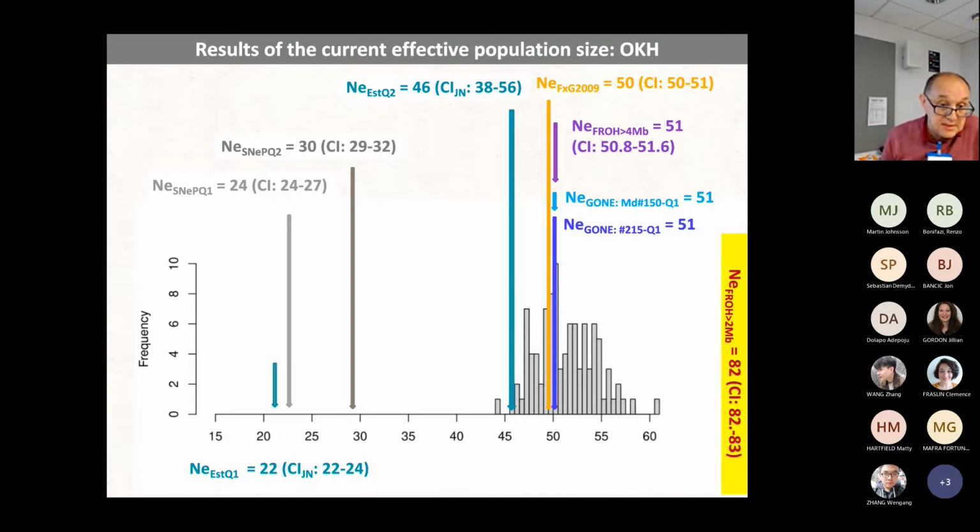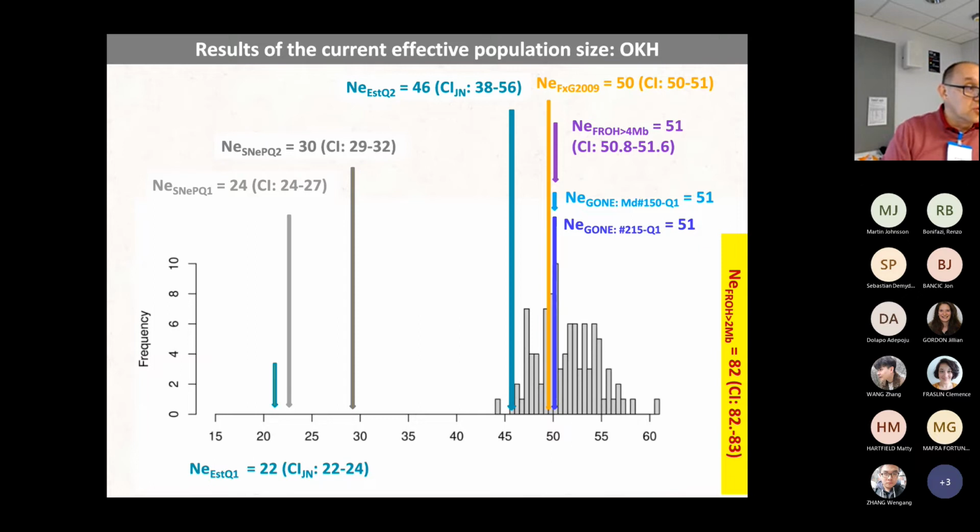So what is the result telling us? On a very big pedigree, we had estimates around here. Runs of homozygosity higher than 4, and GONE with a smaller number of markers and a higher number of markers were identically the same.